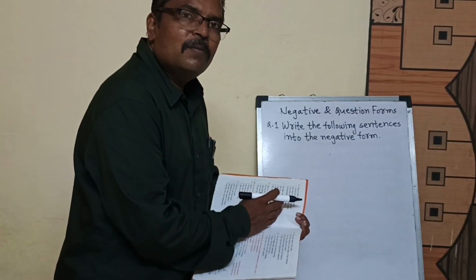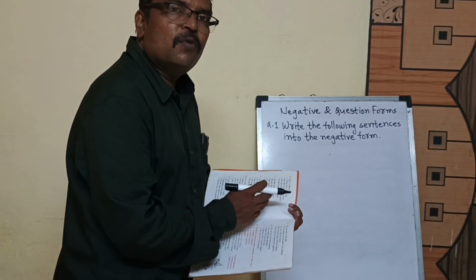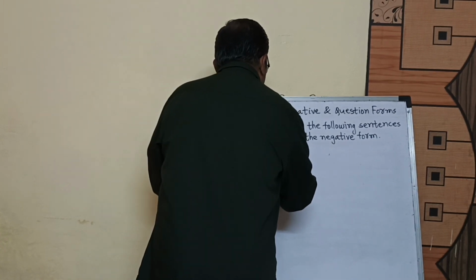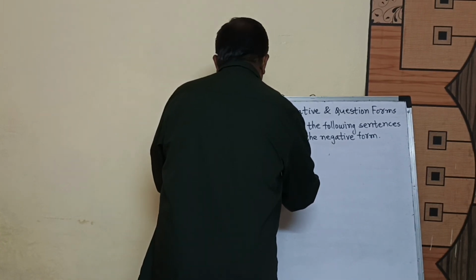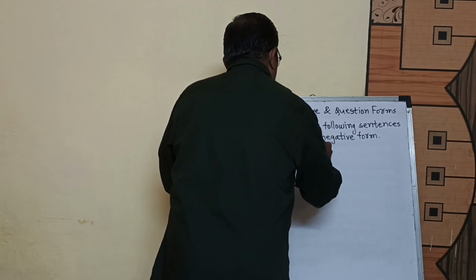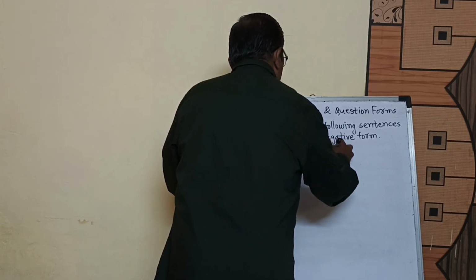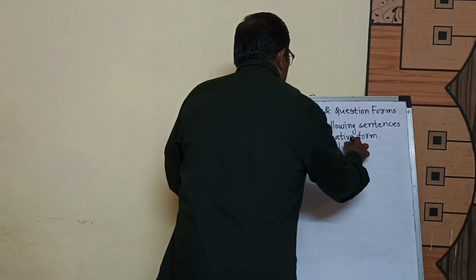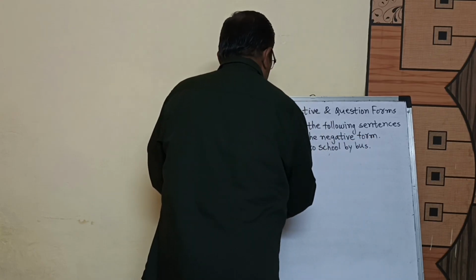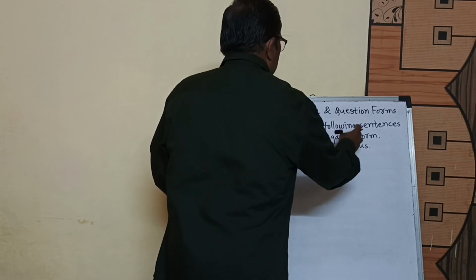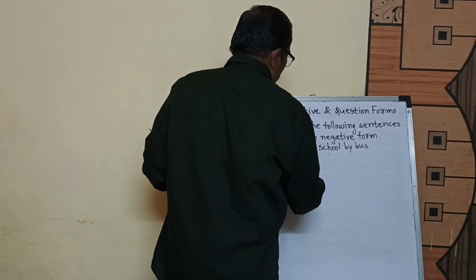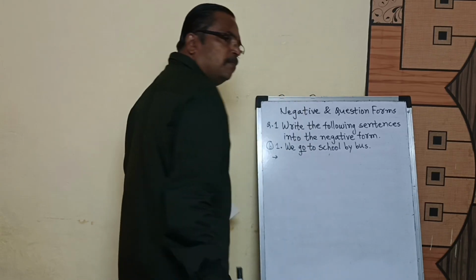Let's solve questions from B section. B1. We go to school by bus. What is the negative form? We are going to see the main verb is in V1 form.